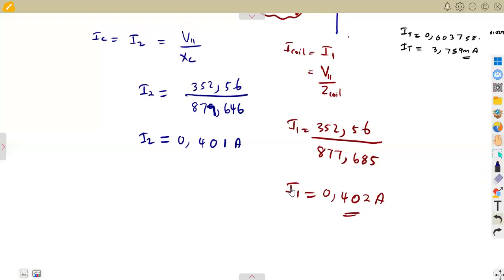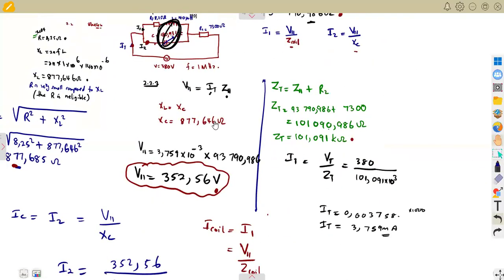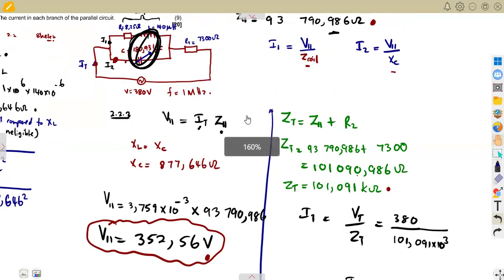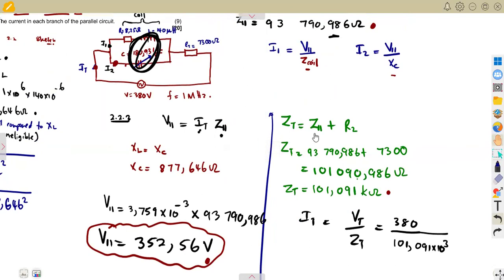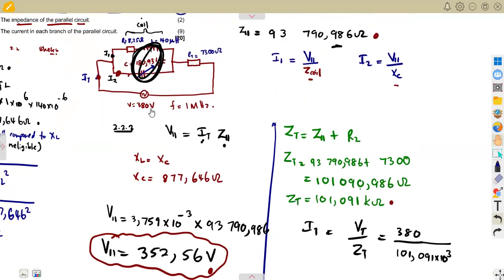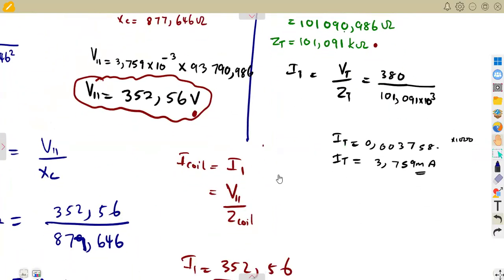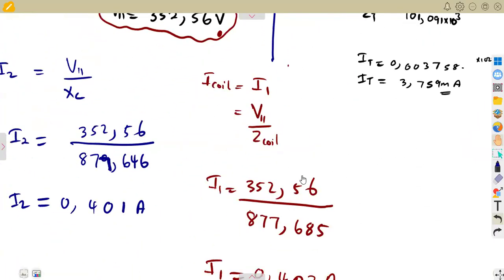Just use this at resonance. Remember, we are at resonance. These are conditions of resonance. So you can take advantage of this condition of resonance and say that they are actually equivalent. Once you neglect that resistance, you can also take that consideration.